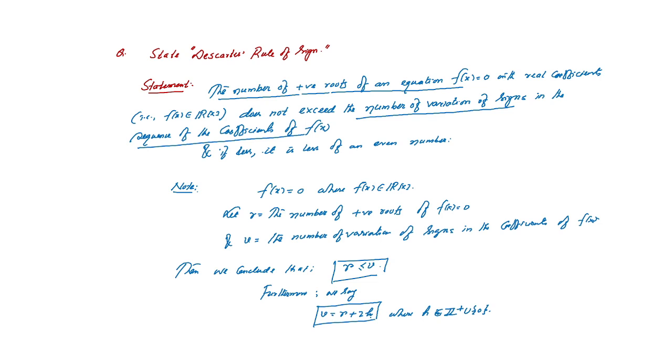The same thing we can apply for the negative roots. If you think about the negative roots of an equation f(x) equals 0, then the number of negative real roots, with real coefficients, also does not exceed the number of variations of sign. So we are trying to write the corollary. So this result also holds for the number of negative roots, or we can say the deduction.